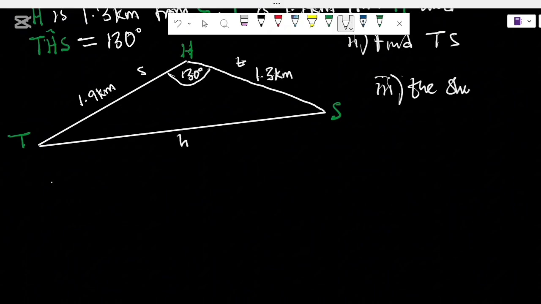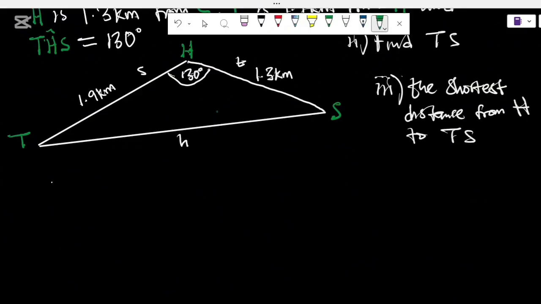The shortest distance from H to TS. So here what we are looking at is the shortest distance from this H all the way to TS.